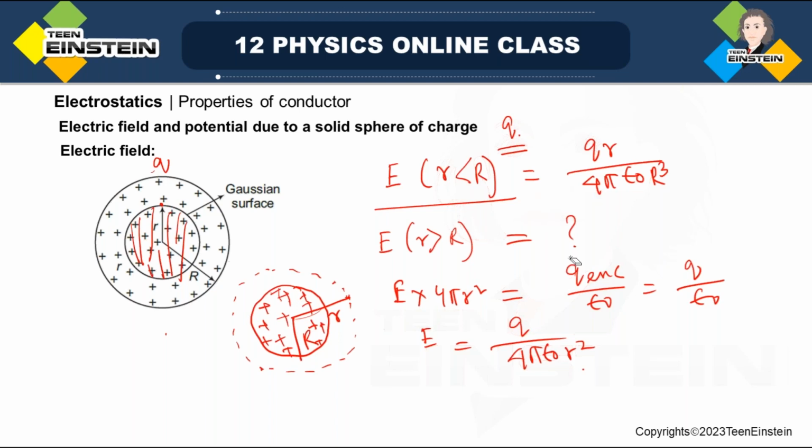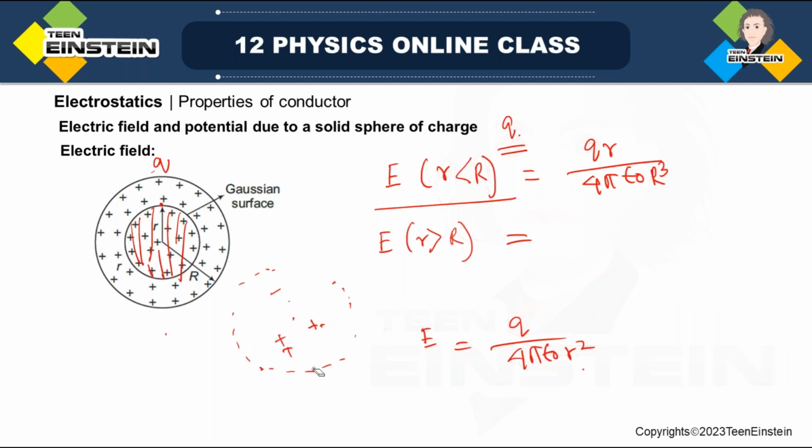So I can write it here. I'll just write the final formula and erase this part. So electric field outside is Q by 4 pi epsilon naught r square.